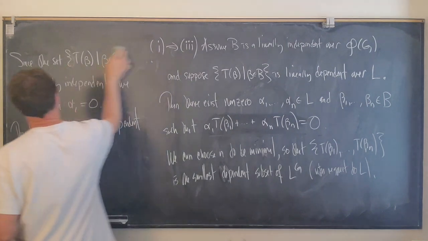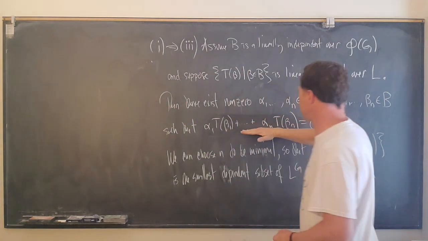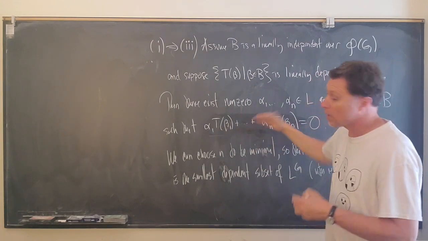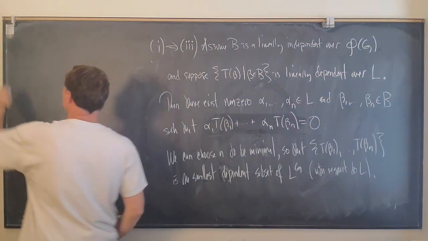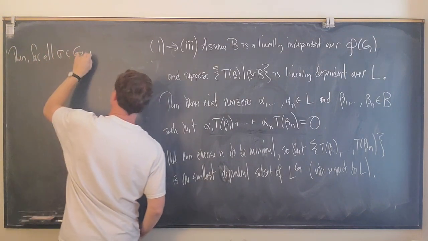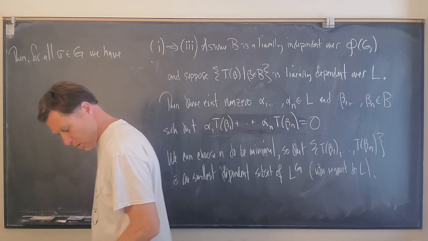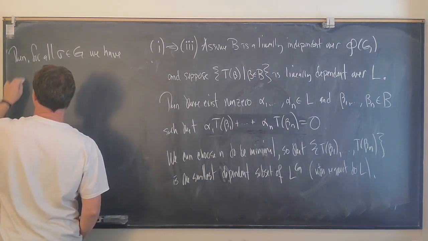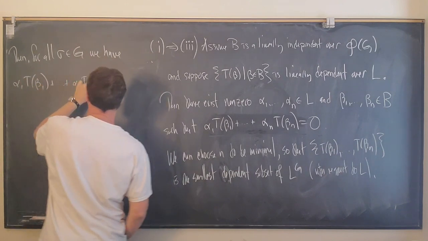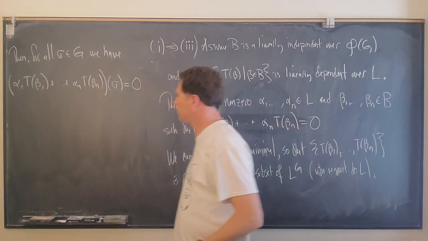Okay, fine. So what that means is that, remember, this is a function from G to L, so that means that every time I take an element from G, let's call it sigma, and plug it in here, I'm going to get an output of 0. So for all sigma in G, we have alpha 1 T beta 1 plus dot dot dot alpha n T beta n applied to sigma equals 0.